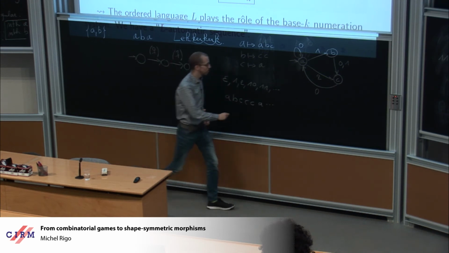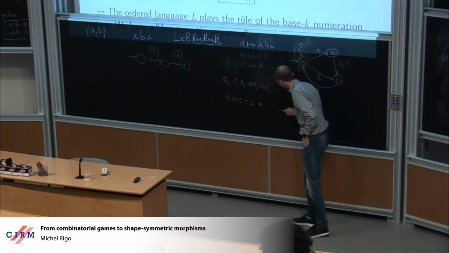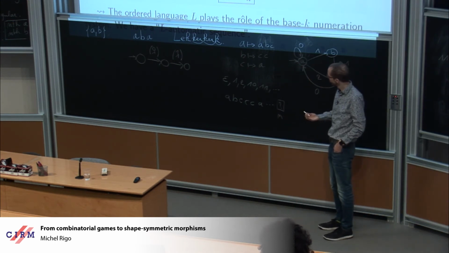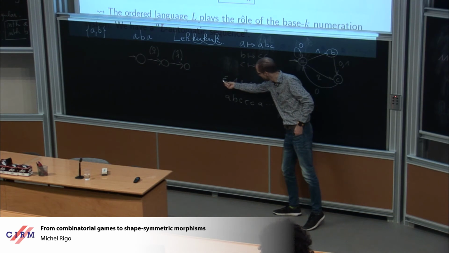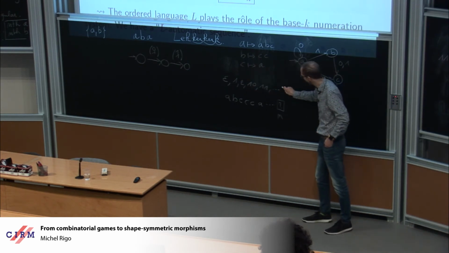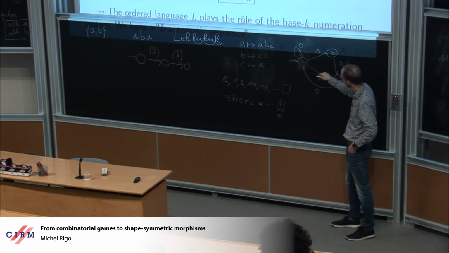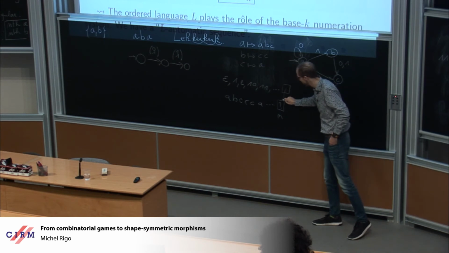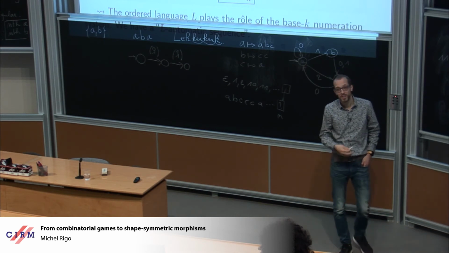If you want to know what will be occurring in position n, all you have to do is take this sequence of words, look at the word in position n, and plug it into the automaton, and the output will give you exactly the digit you want. So this is exactly the same.